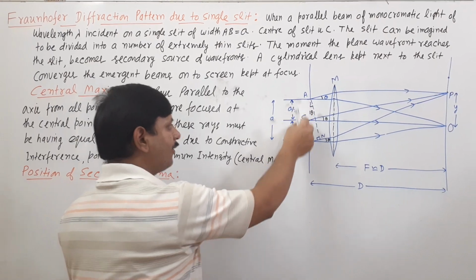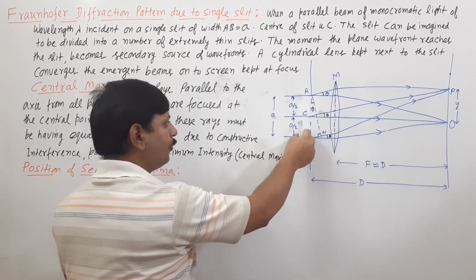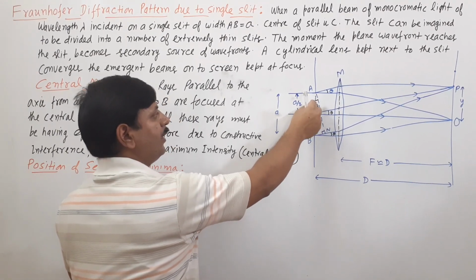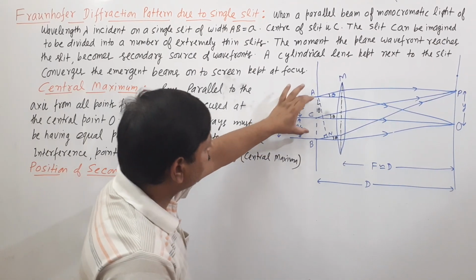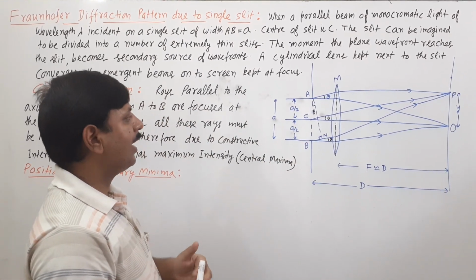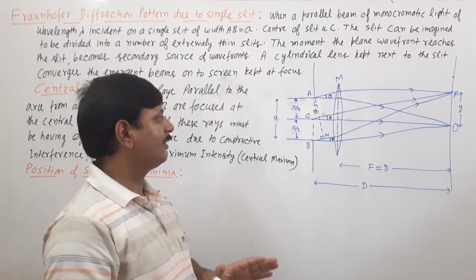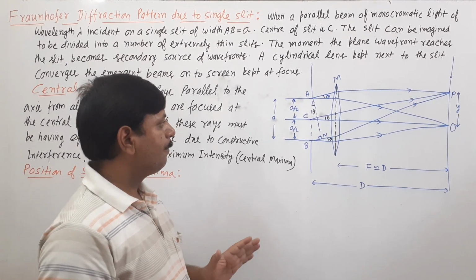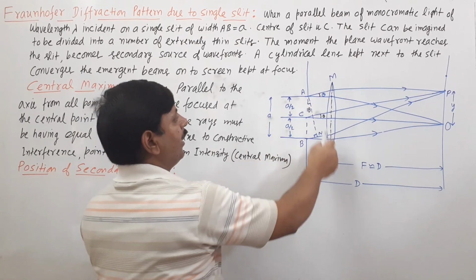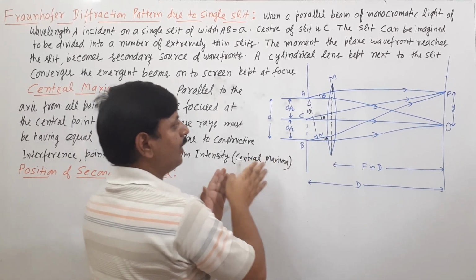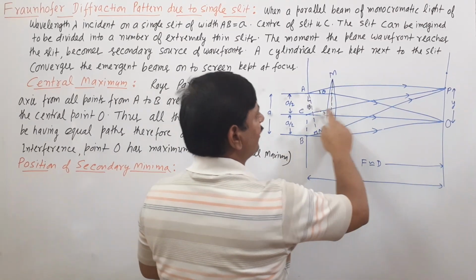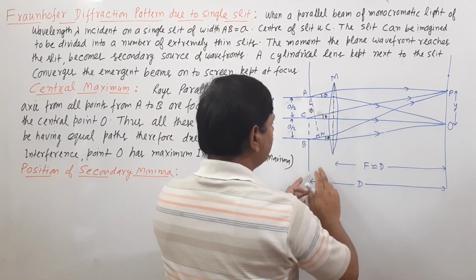So here also, from A to B, each and every point of this slit AB will behave like a new source of secondary wavefronts, and they will emit wavelets which travel in the direction from source to screen.